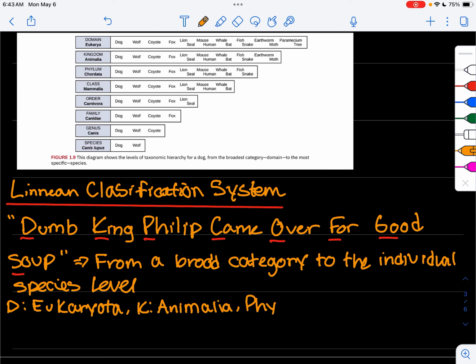The phylum we belong to is Chordata. We are chordates. That means something very specific. The class we belong to is Mammalia. We are a mammal. The order we belong to, keep forgetting I'm abbreviating these. Here we go. The order we belong to is primates.